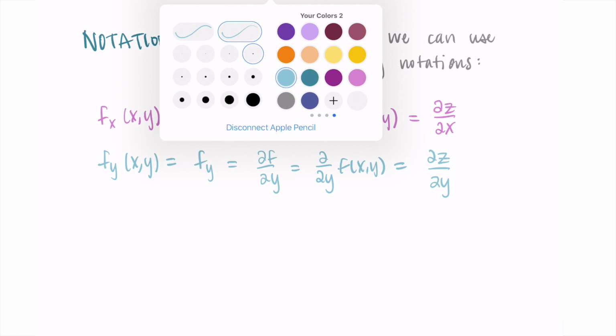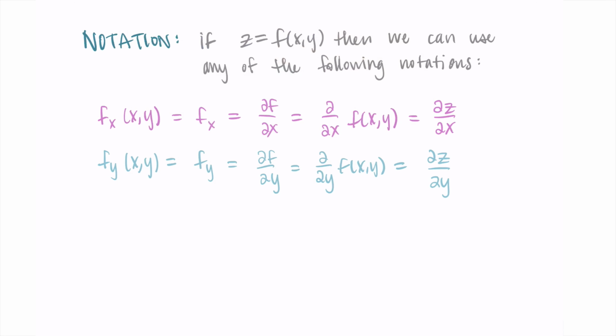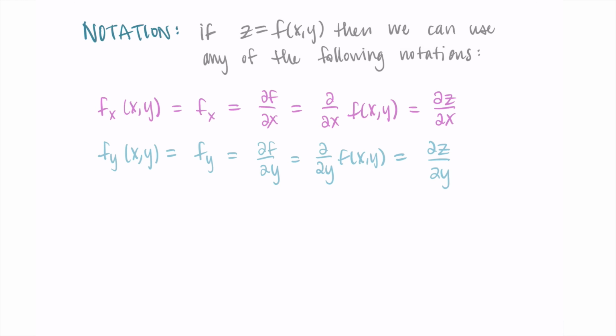And I just want to highlight that these are related to single variable equivalents. So this first part here is like an f prime of x. Then this would be an f prime. This is like saying df dx, or the derivative with respect to x of f, or the derivative of y with respect to x.